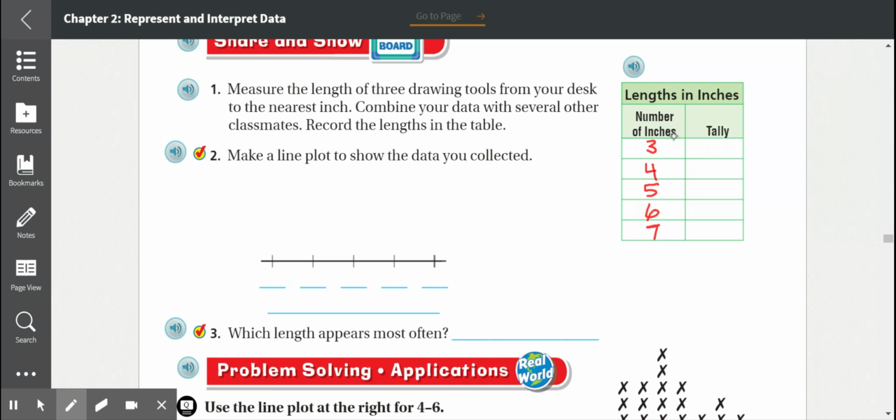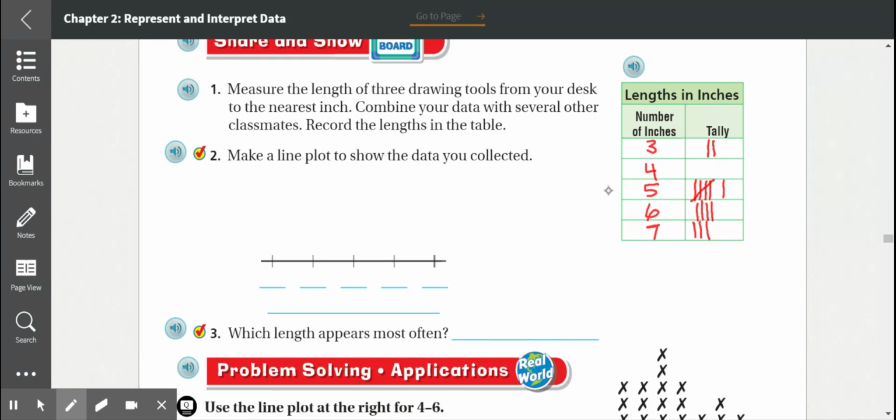How many things did we measure were 3 inches long? We had 2. We had 0 for 4. For 5, we had 6. For 6, we had 4 things. And for 7 inches long, we had 3 things that were 7 inches long.